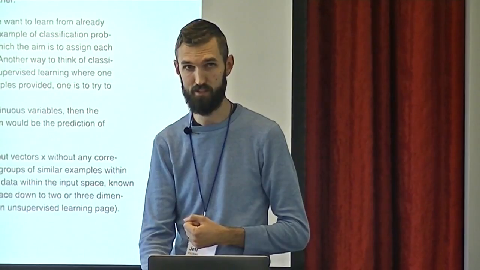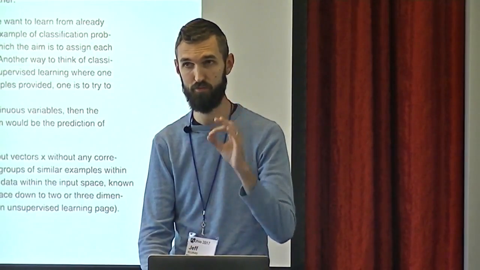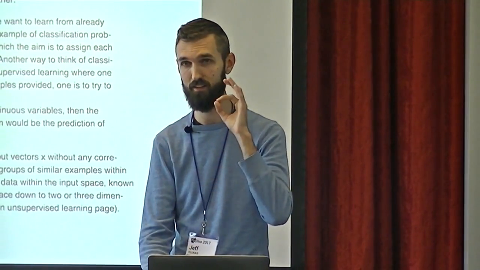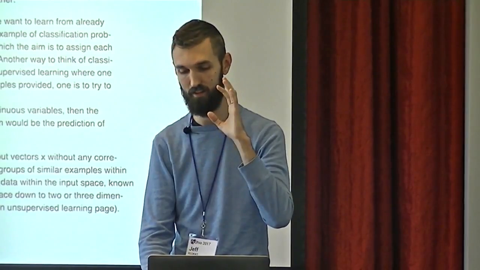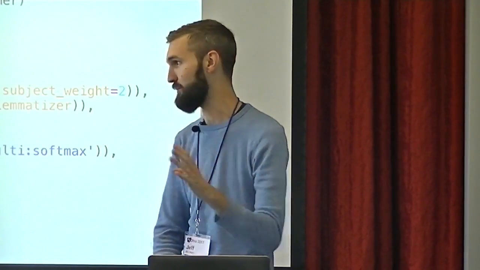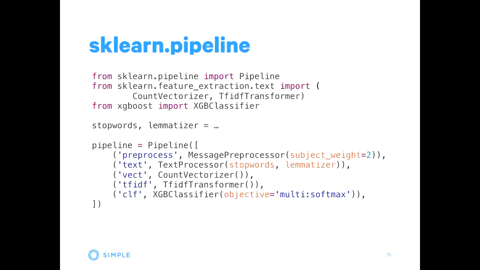Okay, now we get into the fun stuff, the code. This first slide kind of lays out the whole thing, so be prepared. We're jumping into scikit-learn. In particular, we are creating a pipeline.